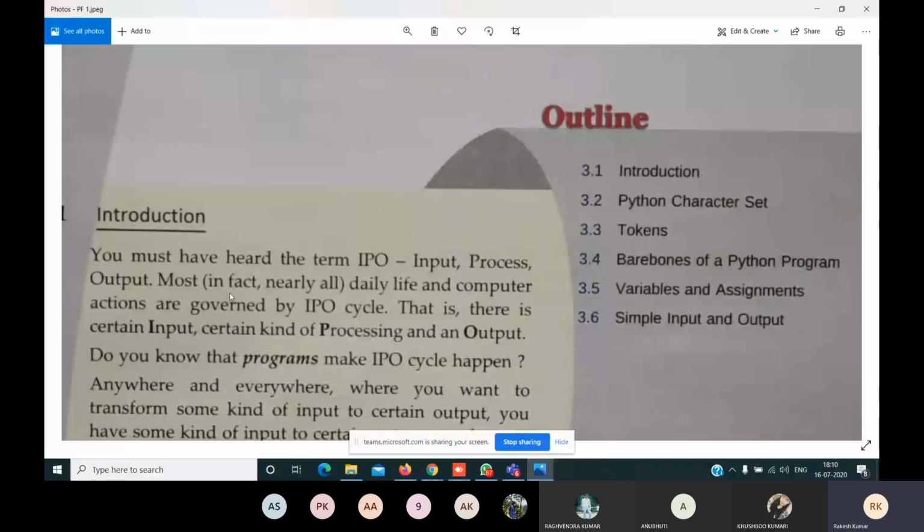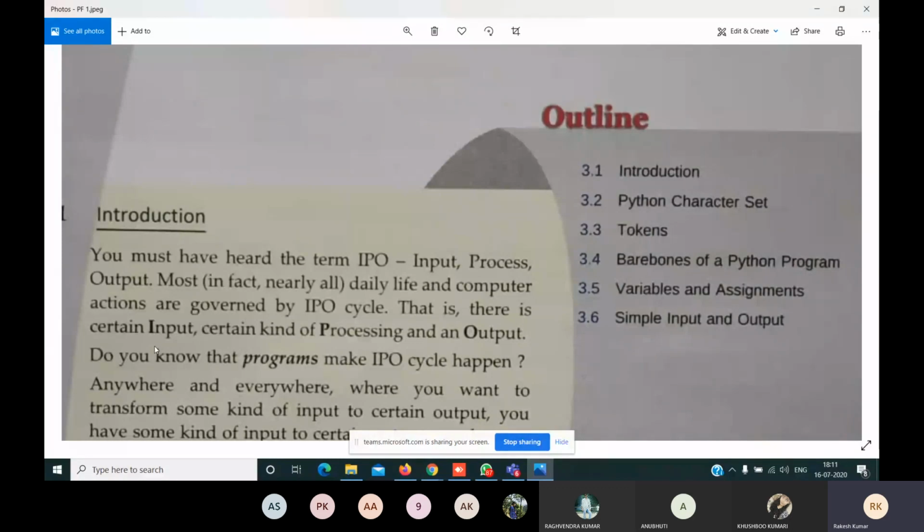In fact, nearly all daily life and computer actions are run by IPO cycles. That means the computer works on these three processes. If you desire output, you first give the input, and on the basis of input you get the output.